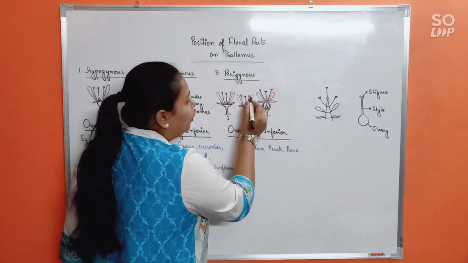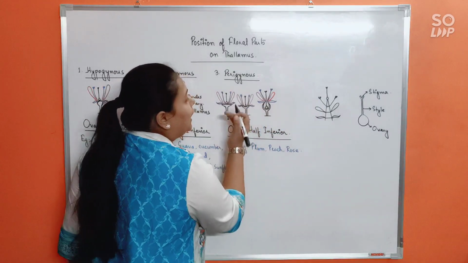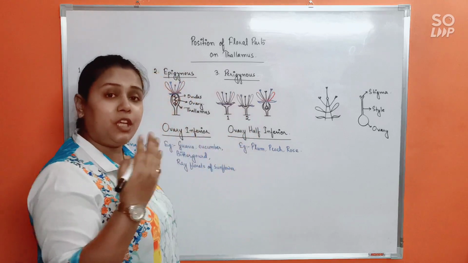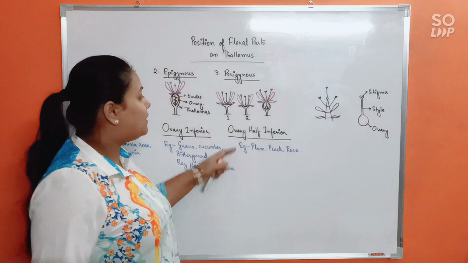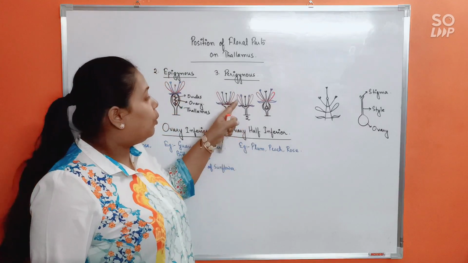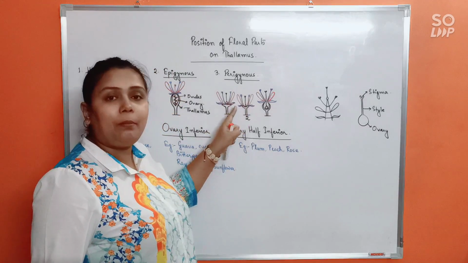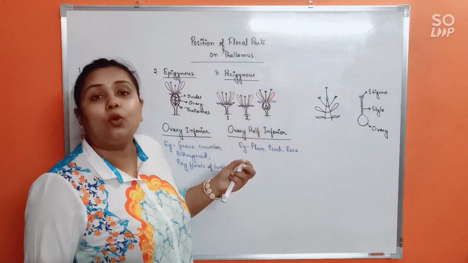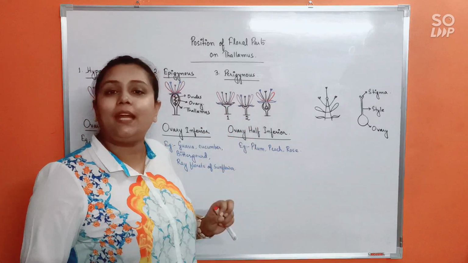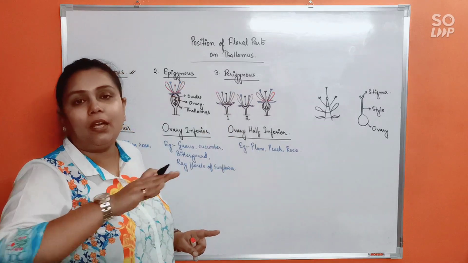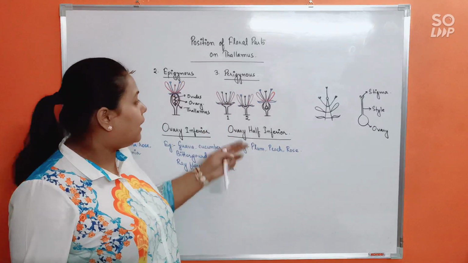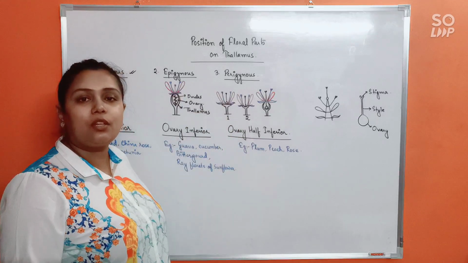And the rest of the floral parts, even if they seem to be slightly above the ovary, position wise they are above, right? So what I am trying to say is that in the second condition, position wise maybe the other floral parts are slightly above the ovary, but origin wise the ovary is still at the top, right? So this is going to be considered that all of them are at the same level. So that's why again this will be considered a perigynous condition.